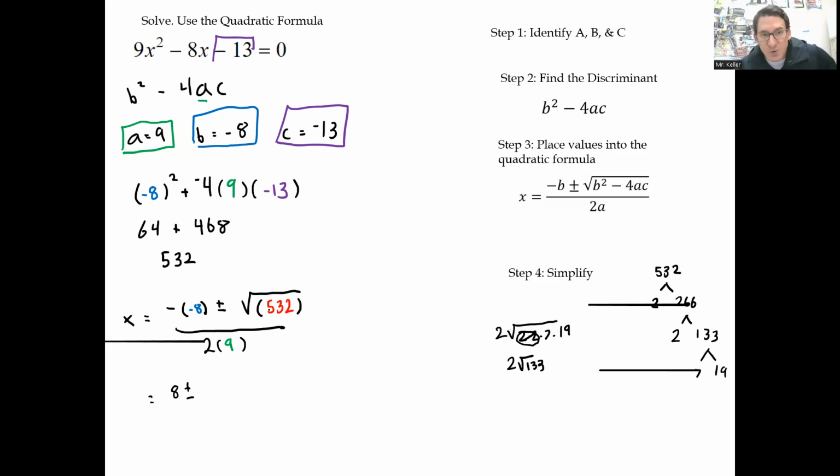This reduces to 2 times √133 over 18. I can reduce this a little bit more.